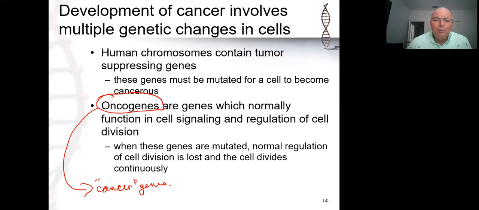And because different combinations of mutations can cause exactly the same type of cancer, it's becoming really, really important and more common for these sorts of studies to be done as part of the initial treatment for a cancer.